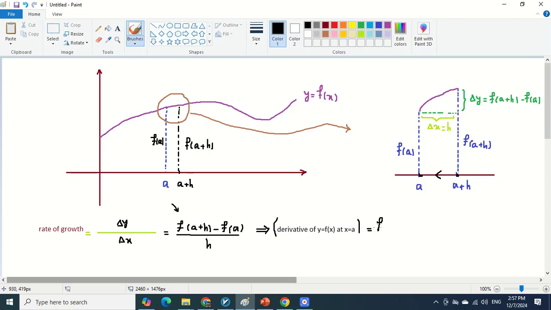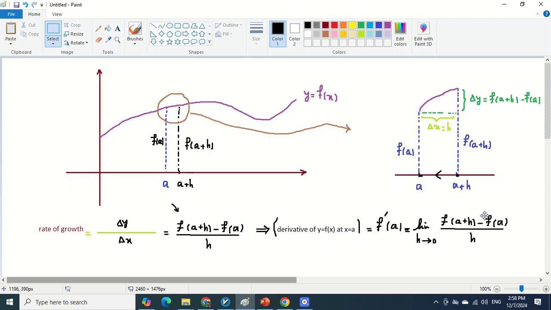We use this notation: we put a prime at the top of f to denote the derivative. So f prime at the point A will be equal to the limit of that ratio that we had, where h is tending to 0.